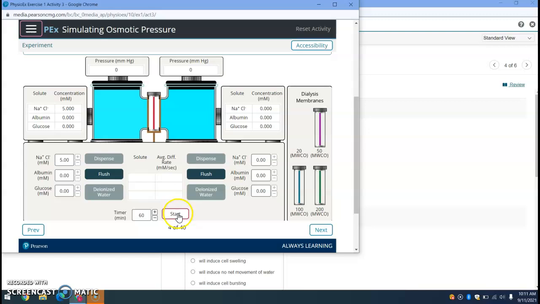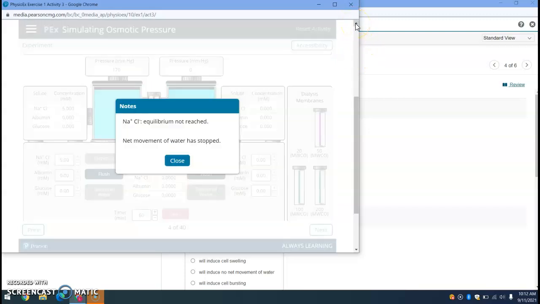And then I'm assuming start. Hit start. All right, the pressure in the left beaker is increasing. The pressure in the right beaker is 0. The pressure in the left beaker is 170. It says equilibrium is not reached, but the net movement of water has stopped.